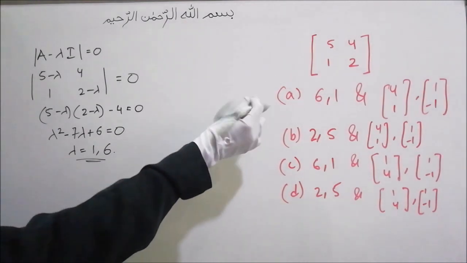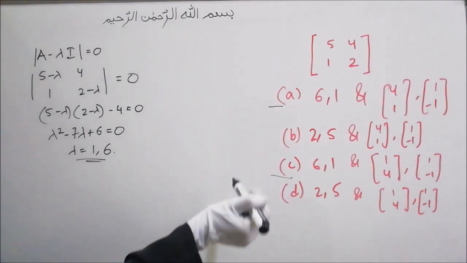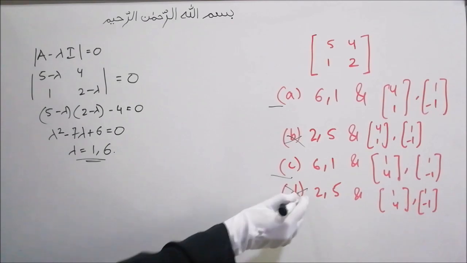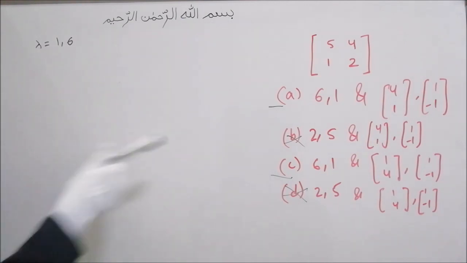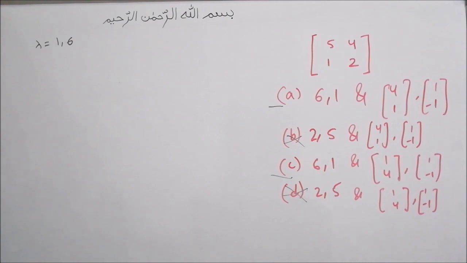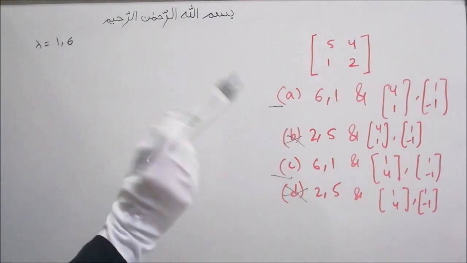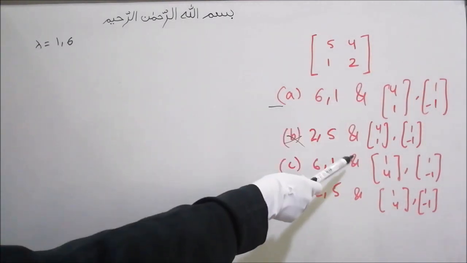That means it can be either option A or option C, so we just ignore options B and D. Now we need to find the eigenvectors corresponding to eigenvalues 1 and 6. In options A and C, you can see that one eigenvector is different, that is (4, 1) versus (1, 4).